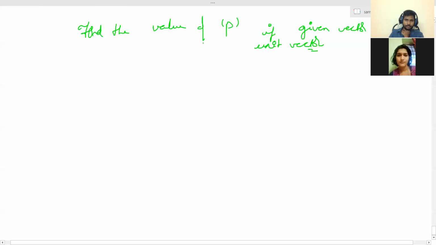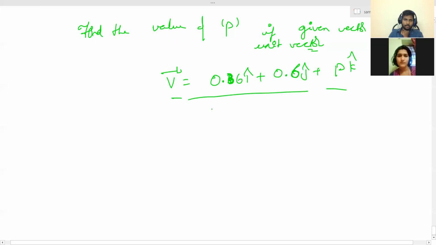This velocity vector is equal to 0.6 i cap plus 0.6 j cap plus p k cap. What is the value of P if it is a unit vector?